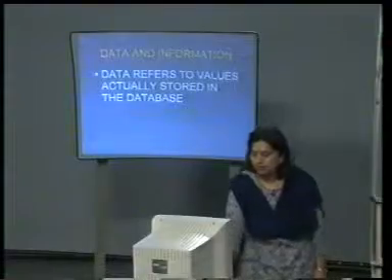Going back to the university problem only, when a student registers or gets admission in the university, he has to fill up a form. When he is filling up the form, he is supplying data about himself. What is his name, what is his age, what are the courses he wants to study. So these raw facts, this is data.